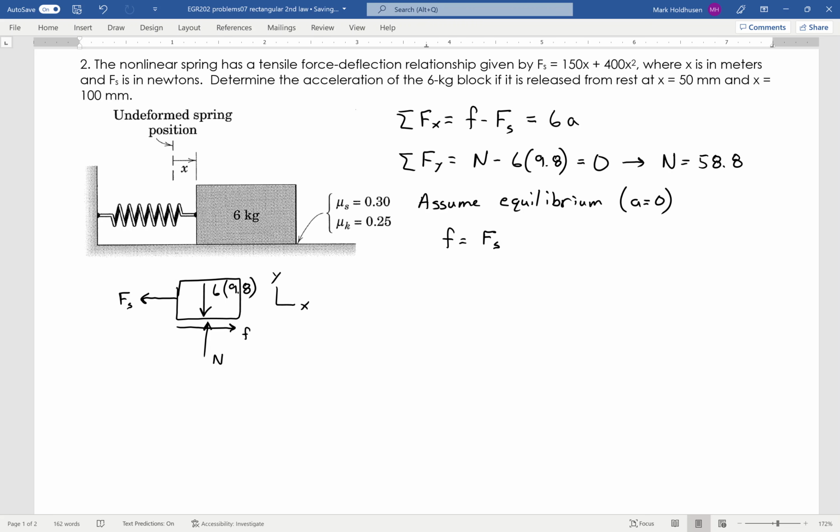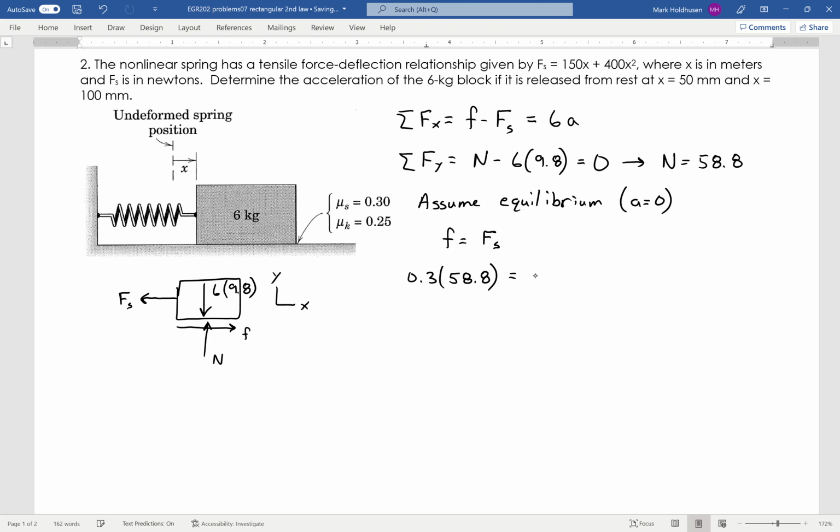If I'm trying to find that point at which it just starts moving, basically right before friction gives up the ghost, I'm at that max friction, which I'm going to call 0.3 times 58.8. That's mu s times N. This is the maximum friction force, the point at which friction can no longer hold.